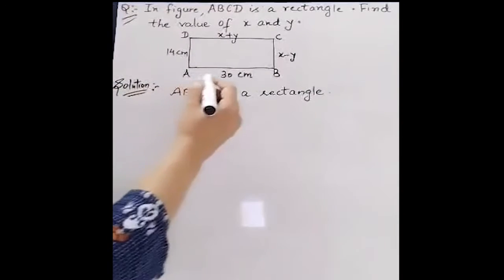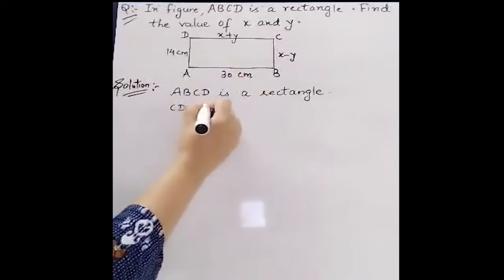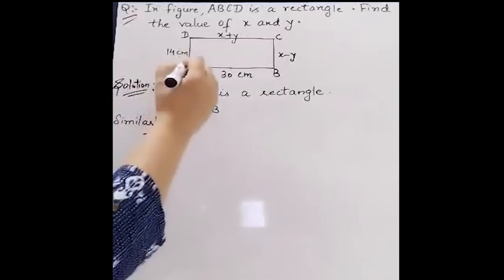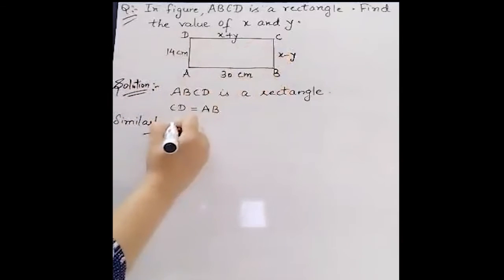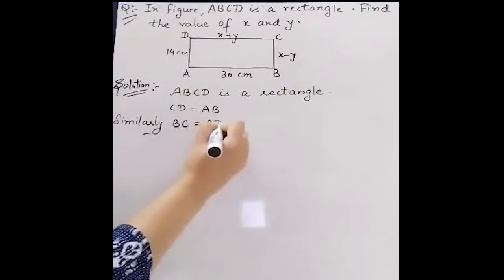So, write like this, AB is equals to CD, or we can write like this, CD is equals to AB. Similarly, the next opposite sides are also equal. AD is equals to BC, or we can write like this, BC is equals to AD.